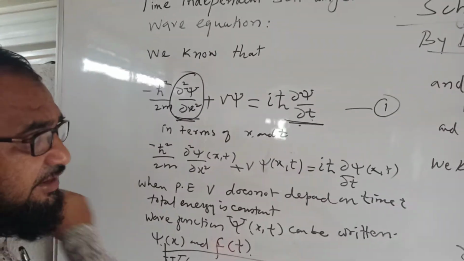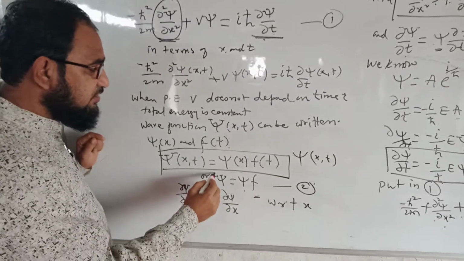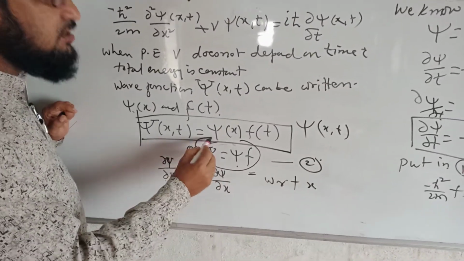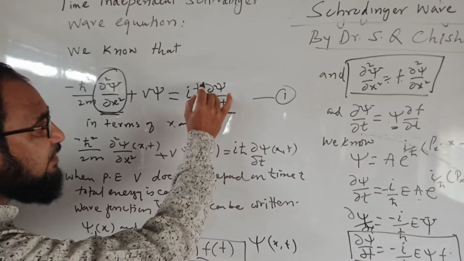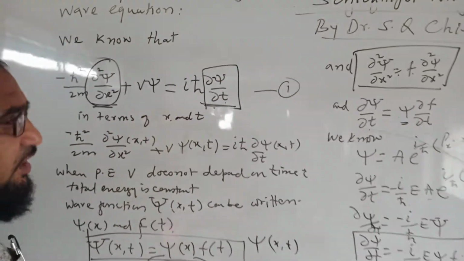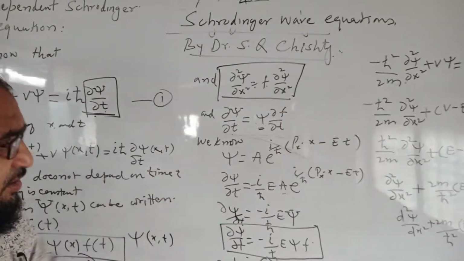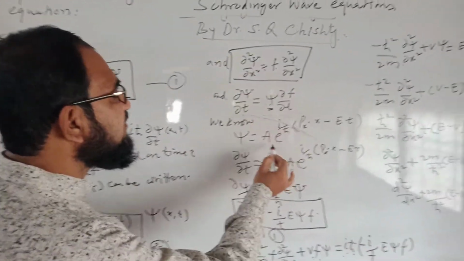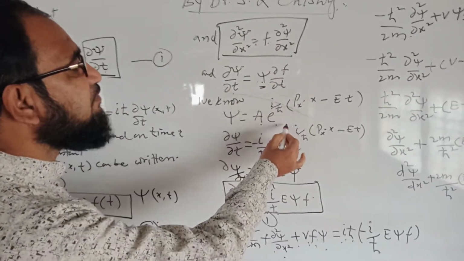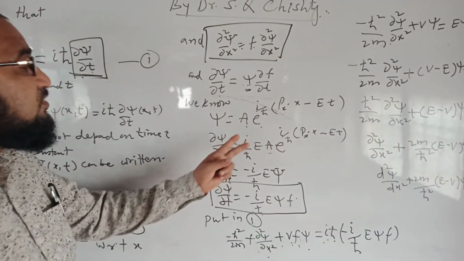Then I differentiated this equation with respect to t, so that I can replace this value. Therefore ∂ψ/∂t is equal to ψ into ∂f/∂t. But this value of ψ is A into e raised to the power i/ħ (p·x - Et).